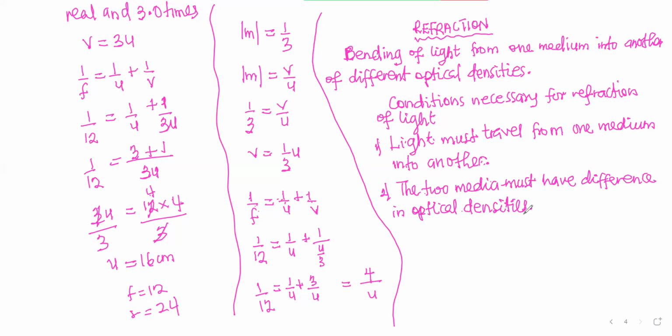It must vary. And the word optical here also means that the material must be such that it allows light to pass through it. If the material does not allow light to pass through it, you won't even see bending taking place.